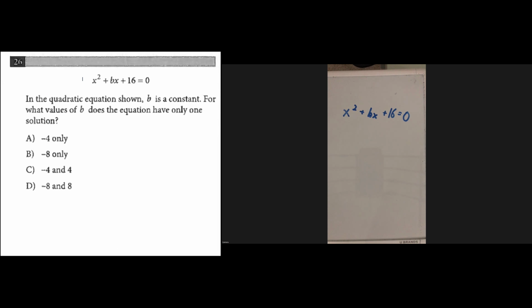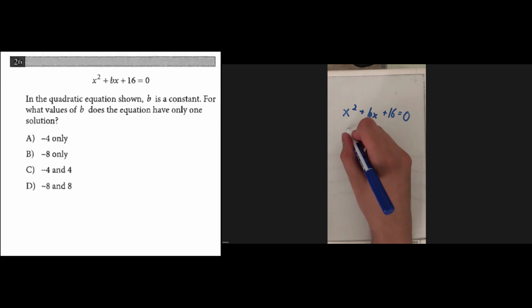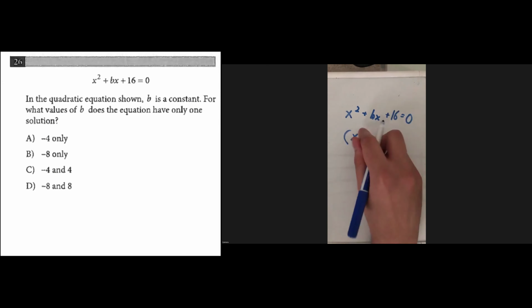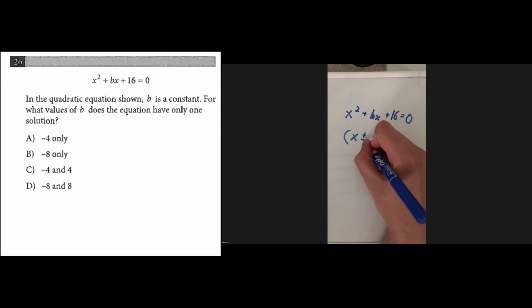Okay, so for question 26, it asks for what values of b does the equation have only one solution? Well, one way you could do this is if you graph it, but I'm going to do it the actual math way. For it to have one solution, it would have to be x plus or minus some value, squared.